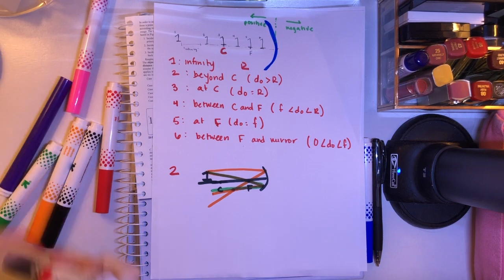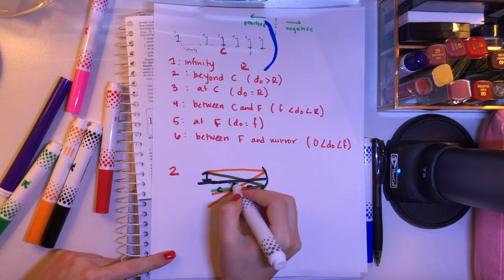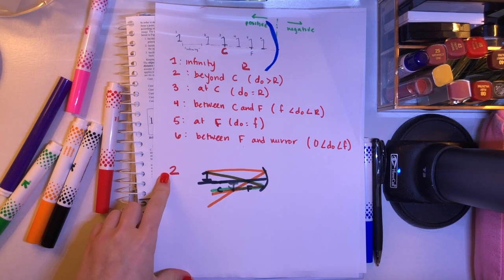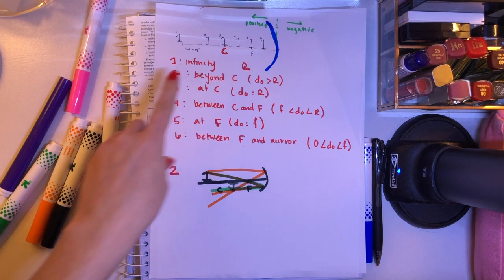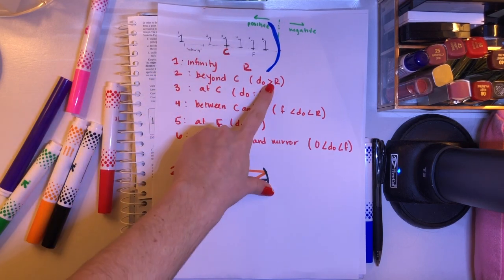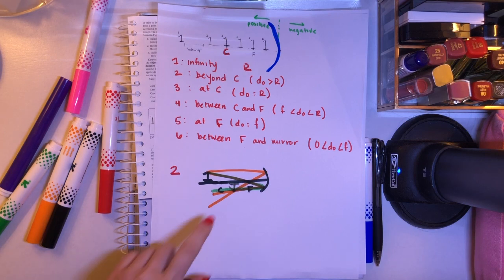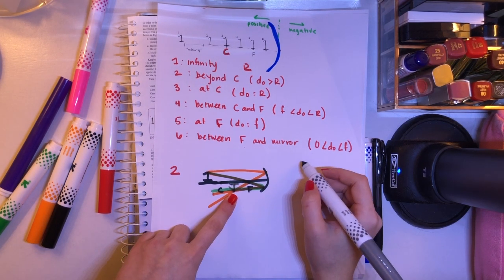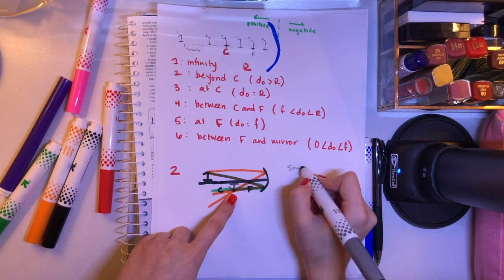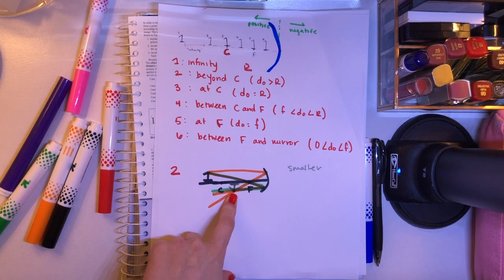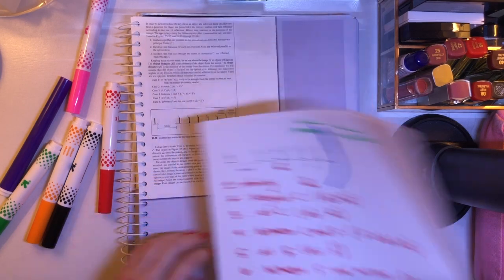It means this image is actually going to be upside down. So in the case of 2, or when an object is located beyond C, meaning its distance is greater than the radius, you have an image that is going to be smaller, because although you can't really tell here, you can see it better in your book.